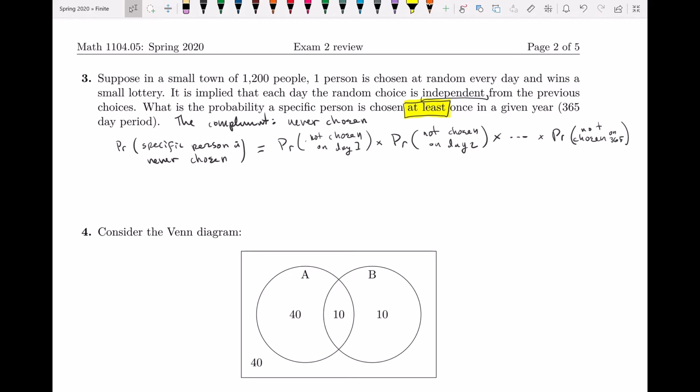Alright, now it's the same process each time. They're just being chosen at random from 1,200 people. So this just equals probability not chosen on a given day to the power of 365.